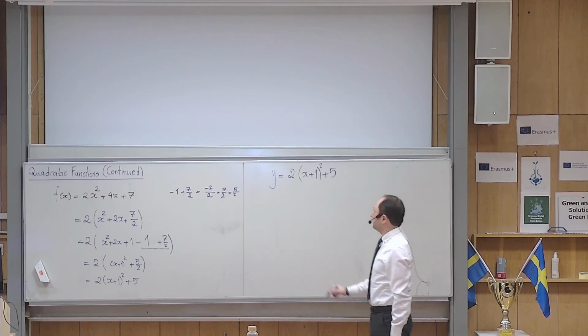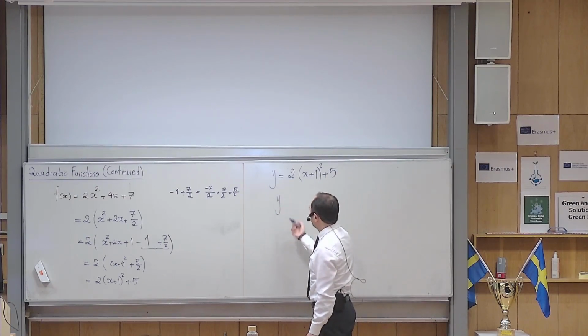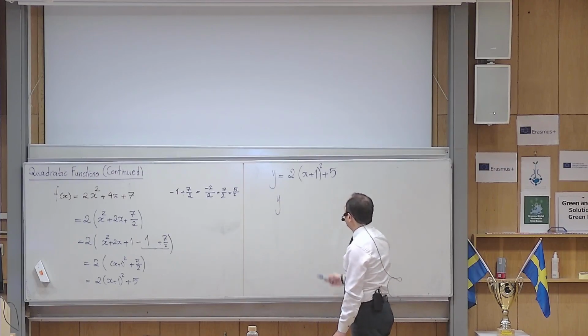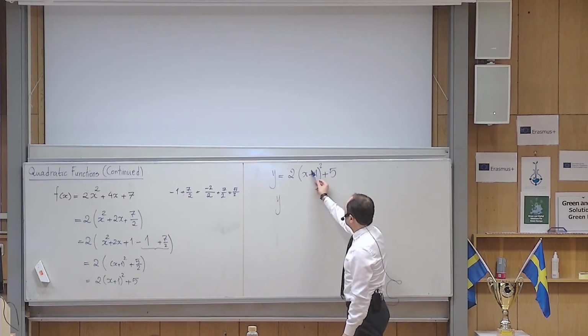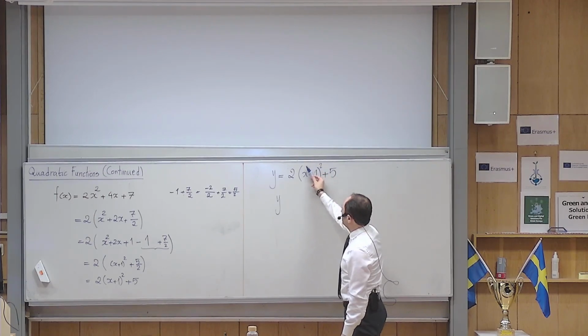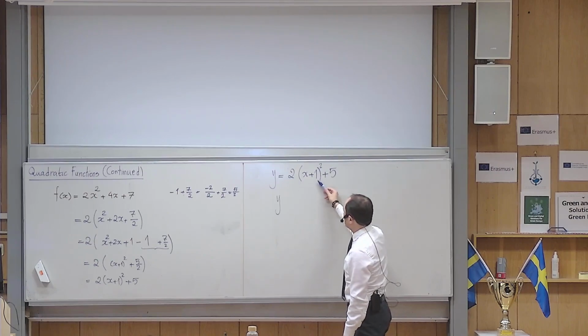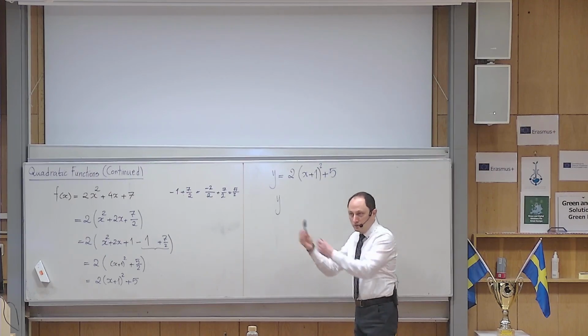Okay, can you tell me what is the range? Again, you see that this number to the power of 2 is non-negative. If I have a non-negative number multiplied by 2, it remains non-negative, essentially positive. If I add a positive number to 5, I go beyond 5.